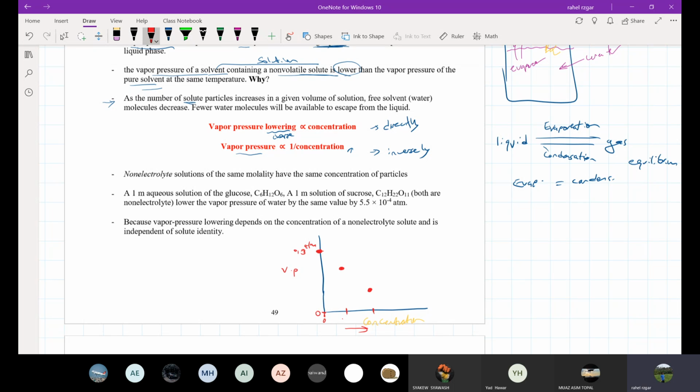So, as a number, let's say this number is 0.2, this number is 0.1. So the vapor pressure is decreasing. So concentration and vapor pressure are inversely proportional. As concentration has increased, vapor pressure has decreased.